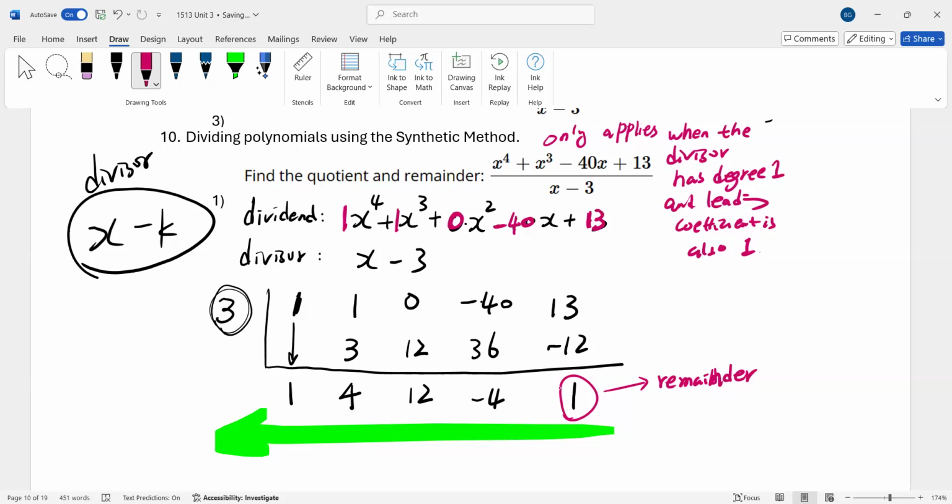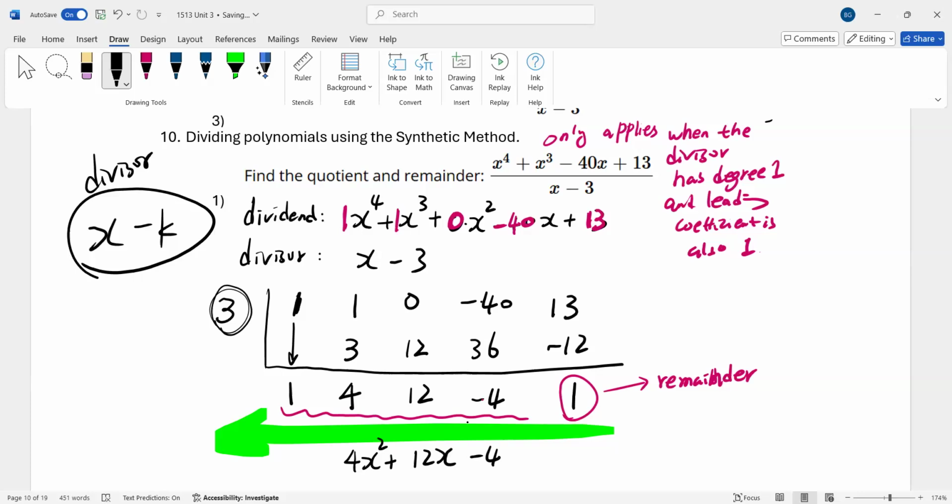We look at those 4 numbers. We're going to go from the right to the left, right? 94 is going to keep as 94 as a constant, and 12 is going to be 12 times x. Put a variable x here. And 4 is going to be 4 times x squared.